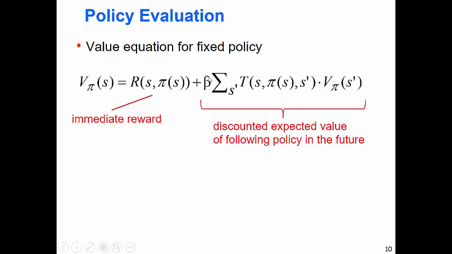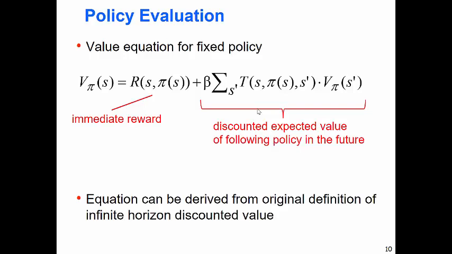So that's where this discount factor comes from. And then this is just the expectation over the next states of the value of that next state, right? So it's kind of a recursive equation, right? So that's a very intuitive form of the value function. And yeah, you can derive this if you want. It's not hard to do.